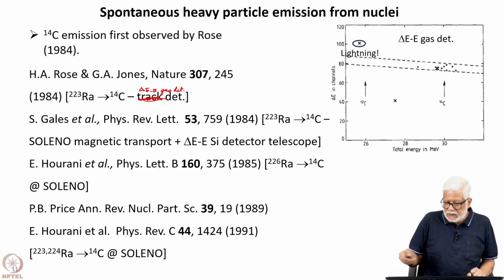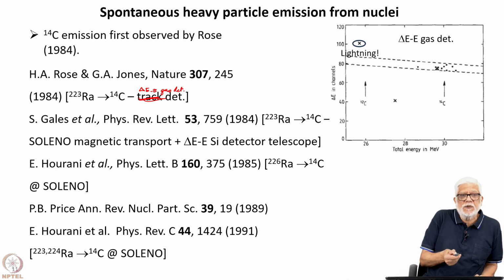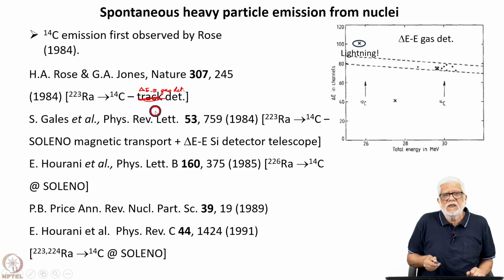Okay. Subsequently, there were experiments done, as I said, by the Orsay group. They used a solenoidal magnet to transport the carbon-14, and they also did later experiments on silicon-28 decay, onto a detector, so that the alphas are de-emphasized, because primarily a nucleus like 223 decays by alpha, and this is an extremely small branch, of the order of 10 to the minus 10, minus 11, minus 12 and so on.